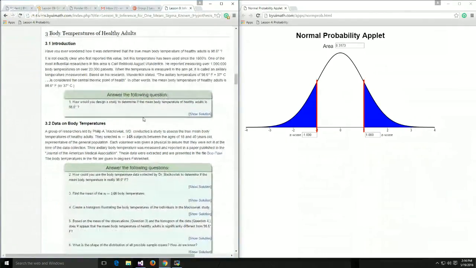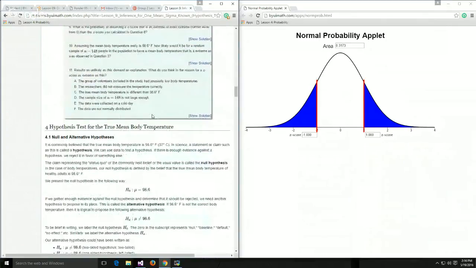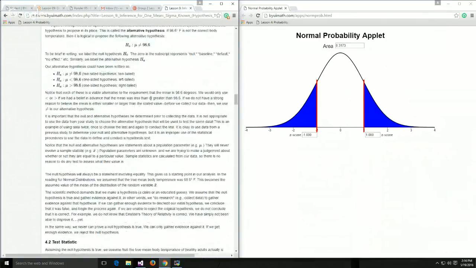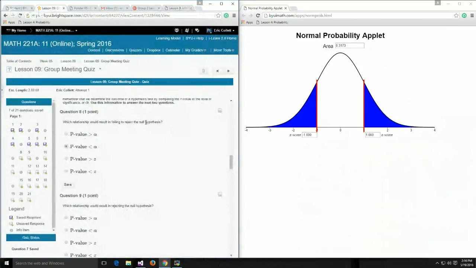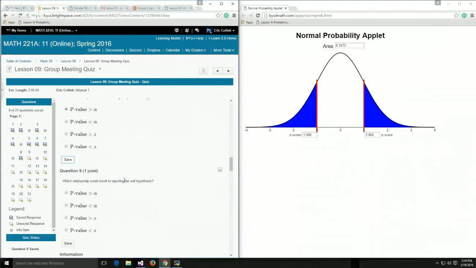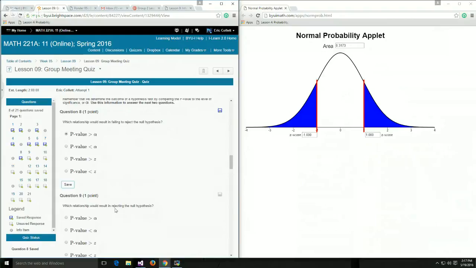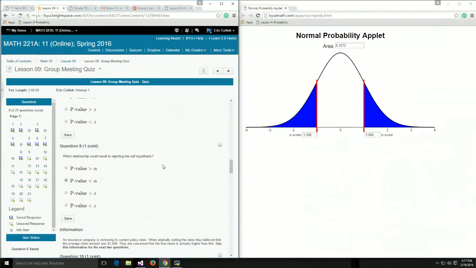So what the book says is that if the p-value is greater than the little alpha, we fail to reject the null hypothesis. Oh, yeah, if the p-value is greater than it. Gotcha. So that means the opposite would be true if you're rejecting the null hypothesis. Yeah.